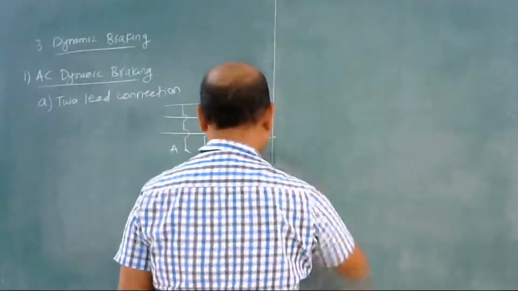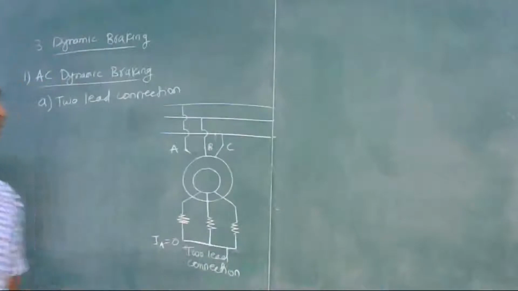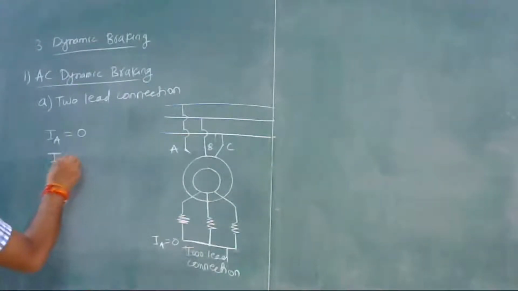When one phase is open circuited, this will lead to an unbalanced condition. So here phase A current is equal to 0, so IB will be equal to minus IC.